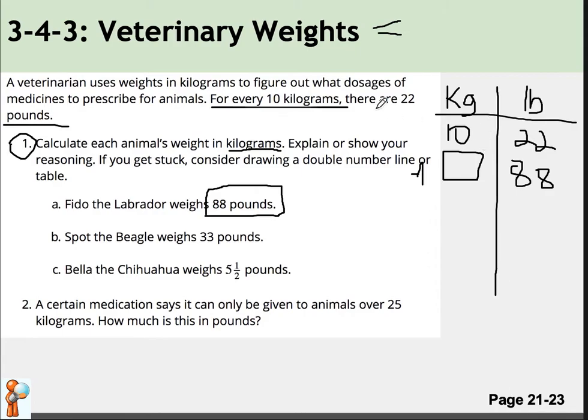So you can come out and we can draw our 10 kilograms for 22 pounds is going to be the same as our missing number over our 88 pounds.